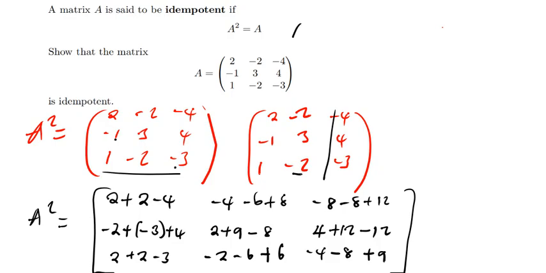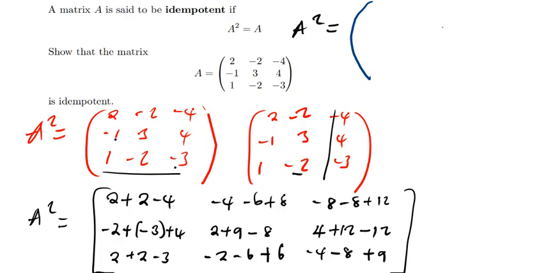So meaning A squared will be equal to, so let's first add them. Here I can clearly see that I have already made a mistake, because 2 plus 2 is 4, minus that is going to give me 0, but it's supposed to give me 2. So I made a mistake when I was multiplying.